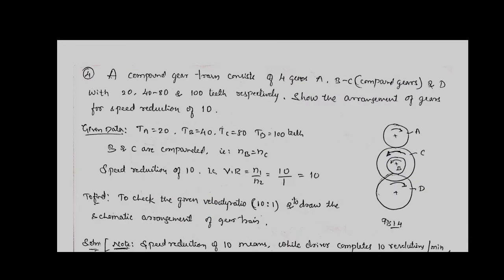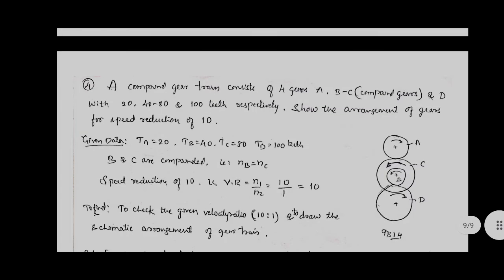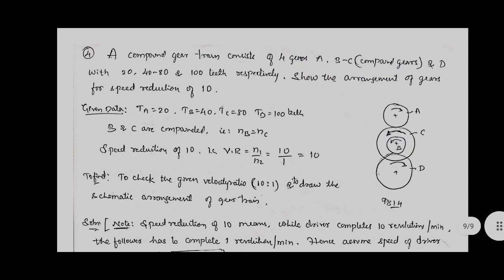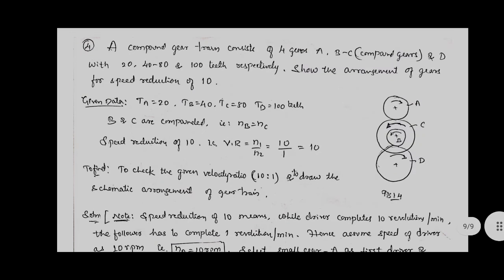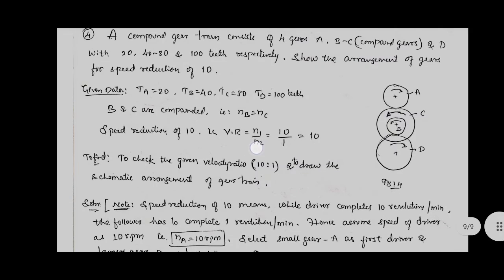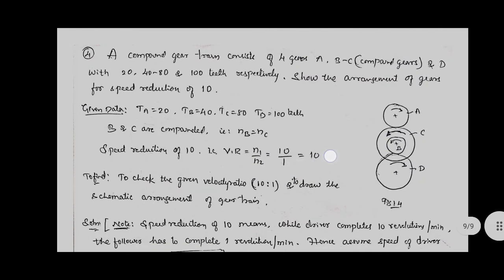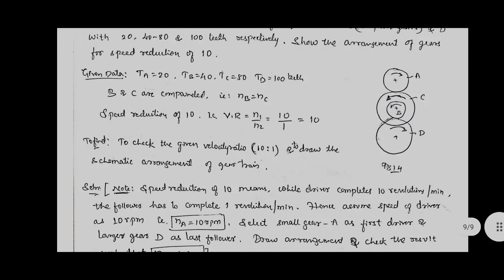You can see the compound gear train consisting of 4 gears A, B, C, D with 20, 40, 80, 100 teeth respectively. Show the arrangement of the gears for a speed reduction of 10. So the velocity ratio they have given, N1 by N2 is equal to 10 by 1. It is nothing but to check the given velocity ratio 10 to 1.